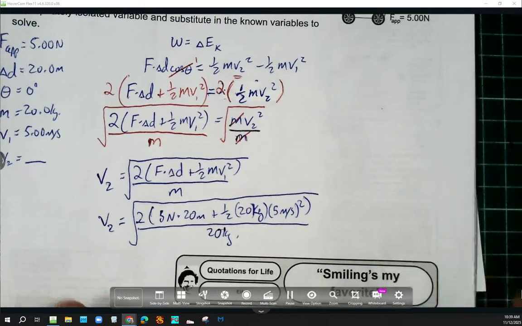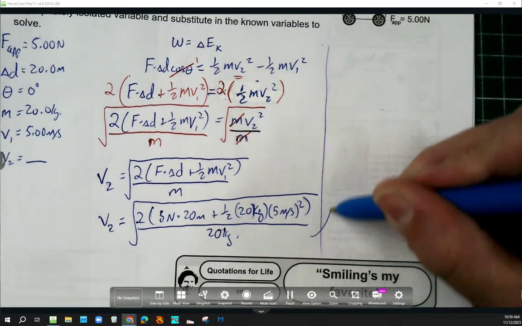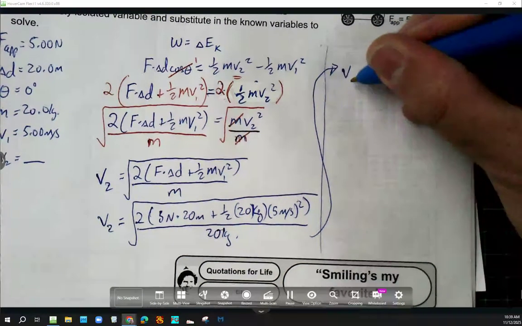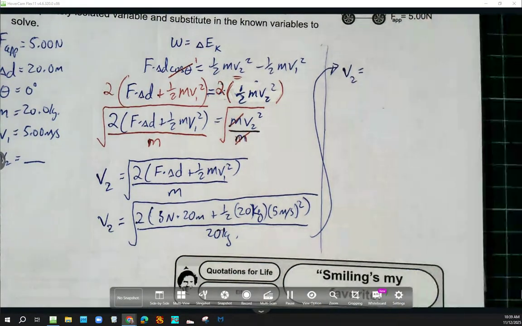Now, if it helps with your page layout, by all means, give yourself a little workflow arrow. I'll wait for you guys to put it into your calculators. If you can give me a little wave. I'll give you a hint. It starts with a 5, okay? The answer starts with a 5. I'll wait for you guys to go through the process.